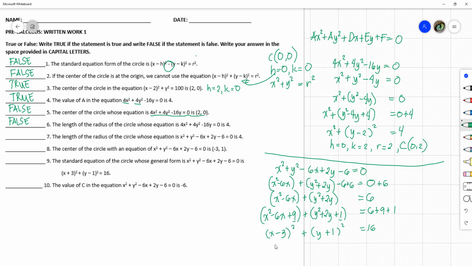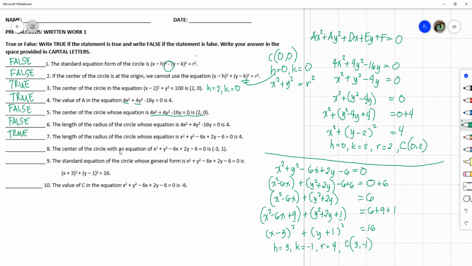Therefore, h is equal to 3, k is equal to negative 1, and r would be 4 because the principal root of 16 equals 4. The coordinates of the center of the circle would be (3, -1). Let's check. The length of the radius is 4. This is true.